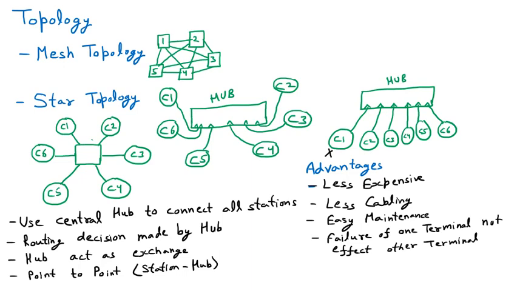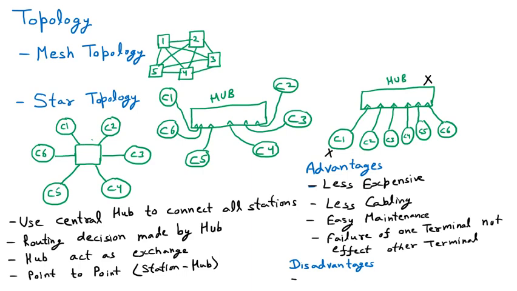So now we are learning the disadvantages. If I talk about the disadvantage of this particular star topology, there is a very big disadvantage: let us suppose the hub is not working, then the whole network will fail.